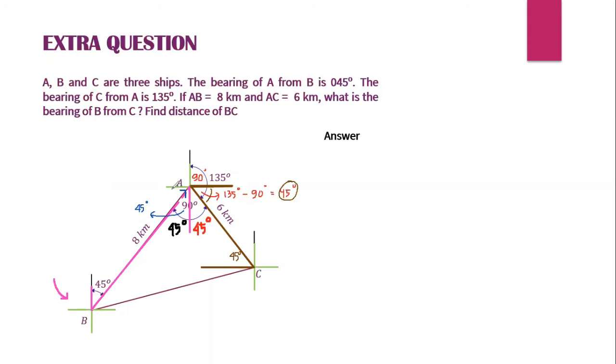Automatically here is 90 minus 45, so we got 45 degrees too. Because here is 45 degrees, based on the angle properties, here is 45 degrees too.